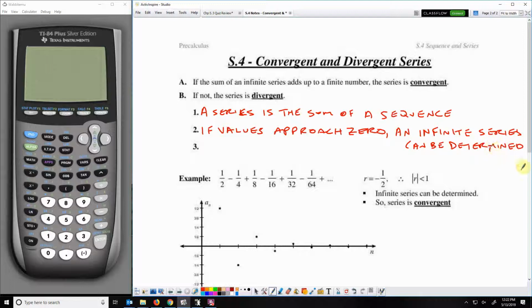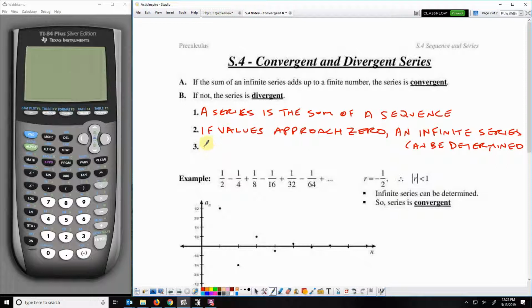So this is something that we've talked about already, that when the values of a sequence are approaching 0, you can find the sum of an infinite number of terms of that sequence.